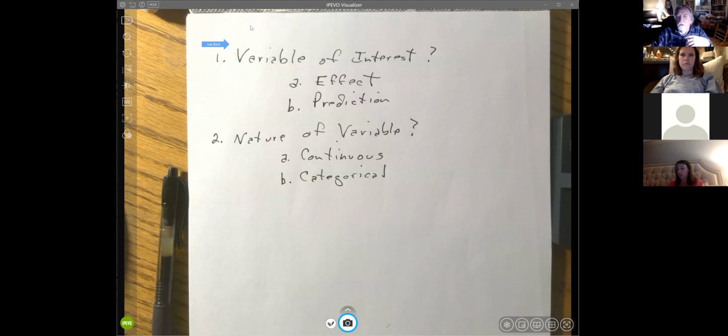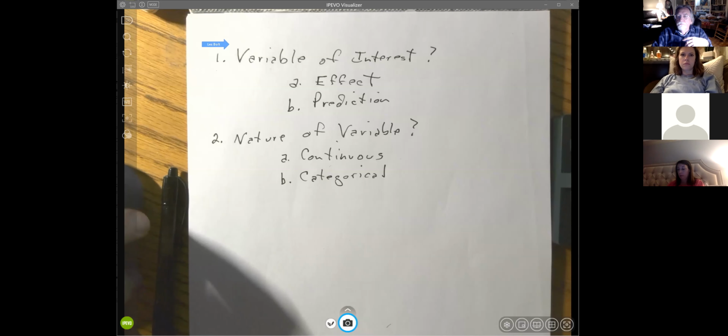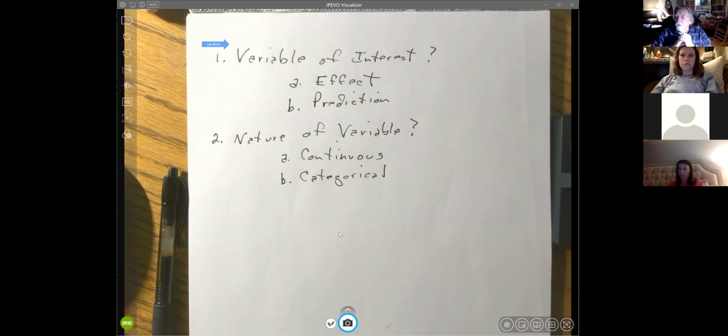Whether it's a question that speaks to are there differences between different groups? Is one thing better than another? If we tried an experimental model, did the experiment work? Any of those sorts of questions, as opposed to, is there a prediction we can make? Is there some way to predict a particular outcome, one variable depending upon other variables?